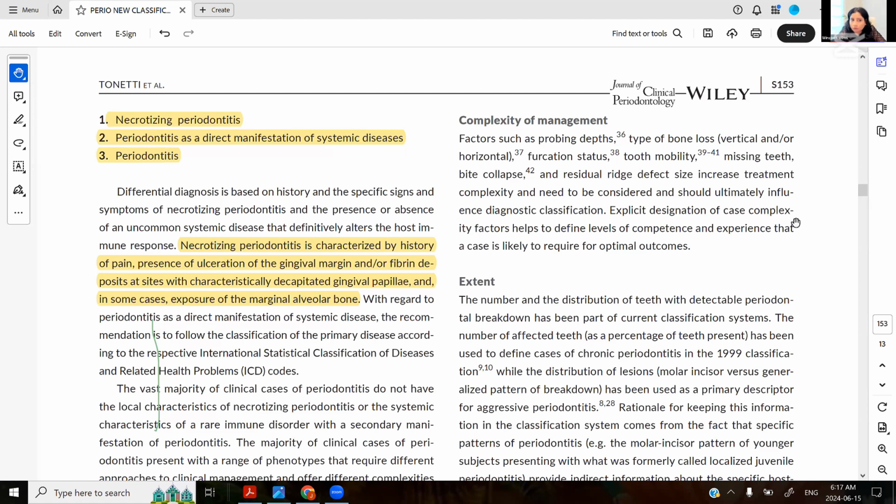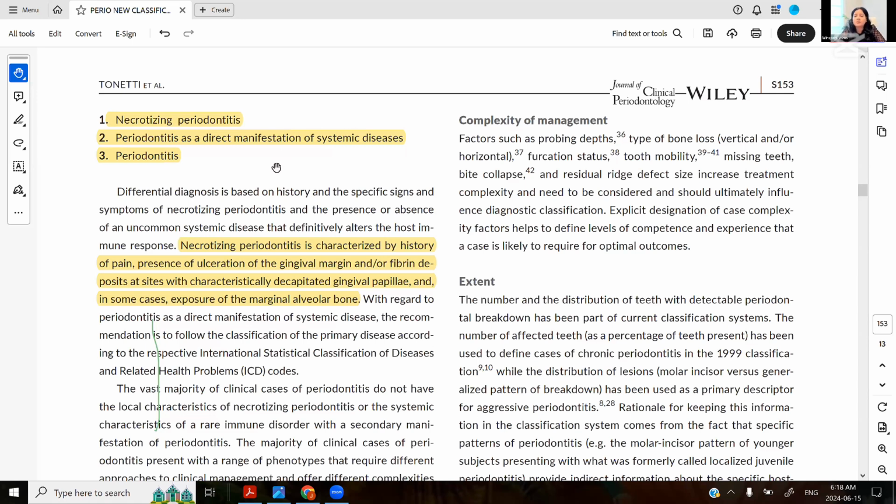Even in Down syndrome, and cyclic neutropenia, we have a direct manifestation of systemic disease, right? We have done all those concepts in our core classes. Yes or no? Everyone knows that. I've covered all of these in the core classes also. So if anything on those systemic situations comes in the exam, you would be able to confidently answer those.